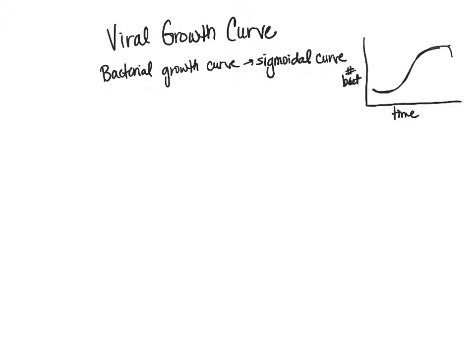Now, we see something a little bit different when we're talking about a viral growth curve. And this is because of the difference between how bacteria grow and how virus or viral particles, quote, grow. So when we talk about the growth curve in regards to virus, on the side over here, we have number of virions, right, new viruses.